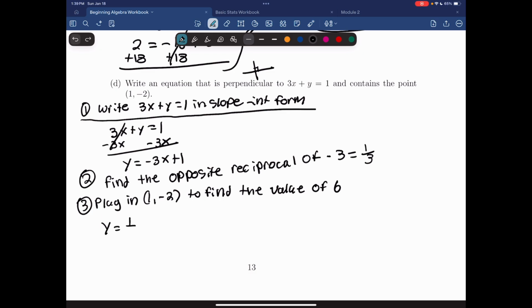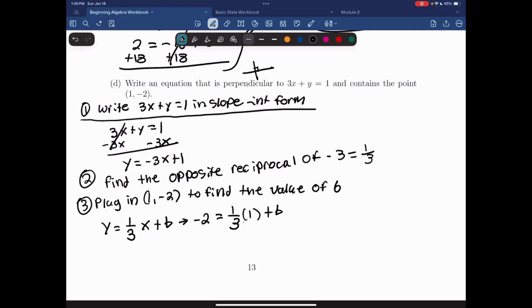The 1/3 comes from the opposite reciprocal. So y equals 1/3 x plus b. And now we're going to plug this point in to find our value for b. We know that y is -2, so -2 equals 1/3 times x, and x is 1, plus b.